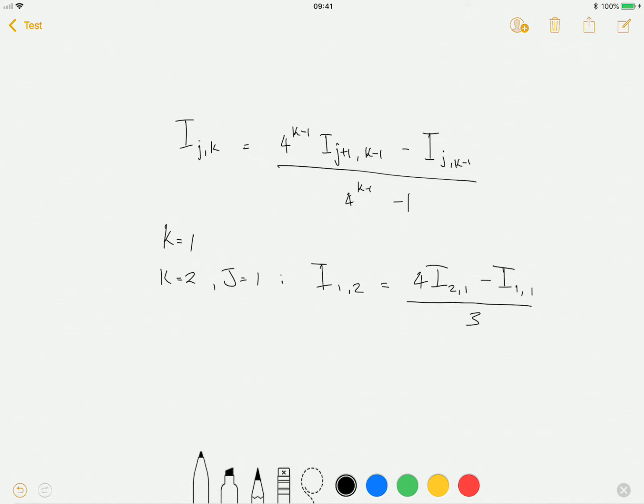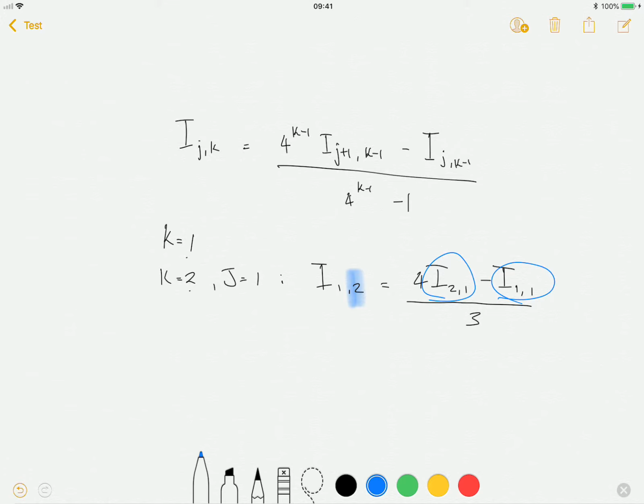So what this means is that our updated integral, going from k equals 1 to k equals 2, has 2 in its subscript, and we rely on the previous two estimates of our integration, 2,1 and 1,1. So we rely on the first order accuracies to generate the second order accuracies.